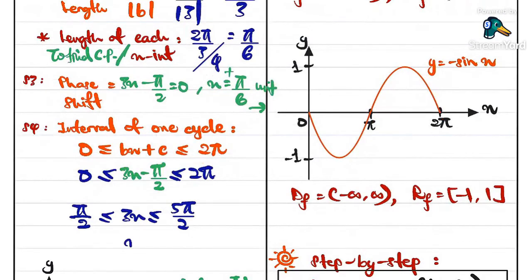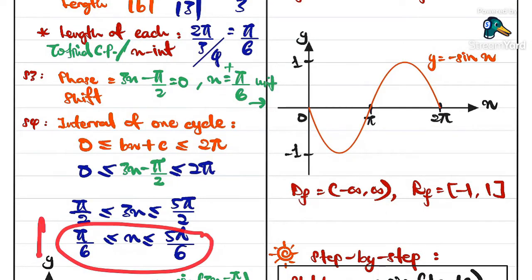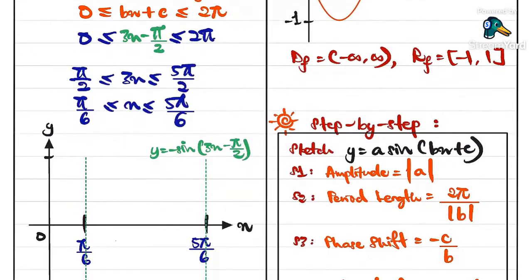And then you make x the subject in the middle part here, and therefore we will get x is in between pi over 6 and 5 pi over 6. So in one cycle, our starting point is pi over 6, and the end of the cycle is 5 pi over 6.